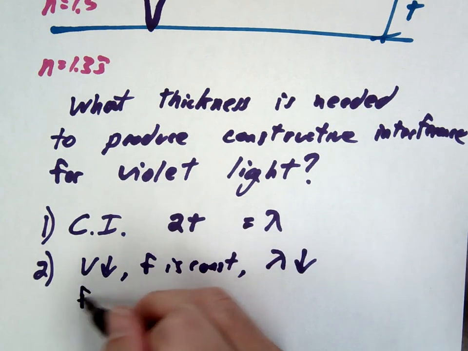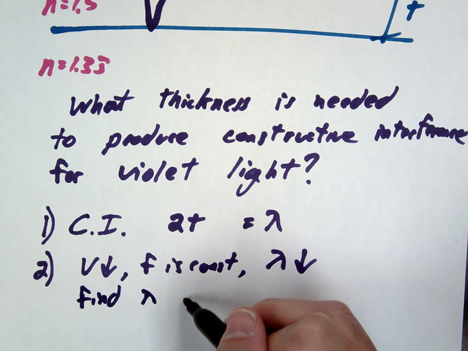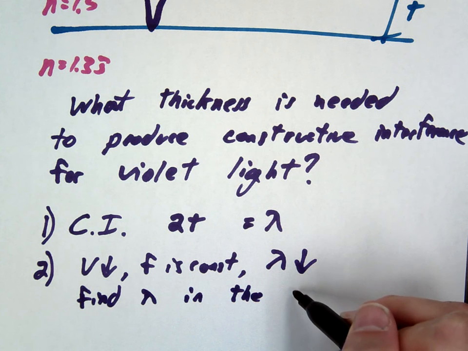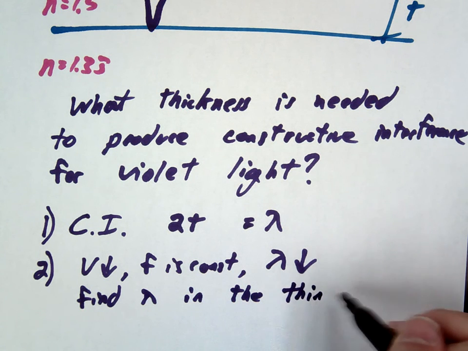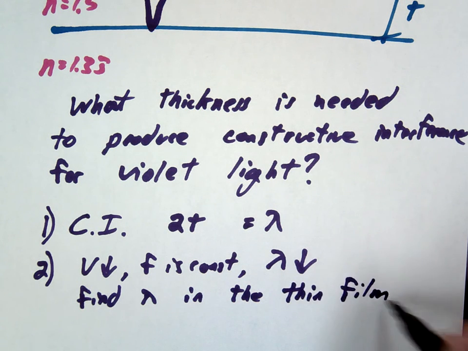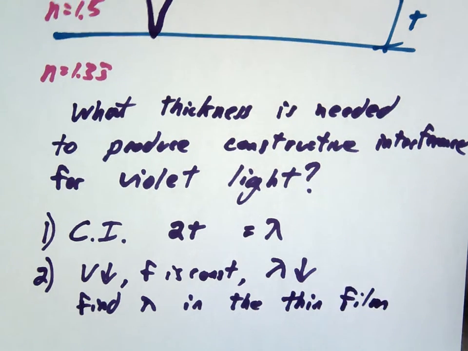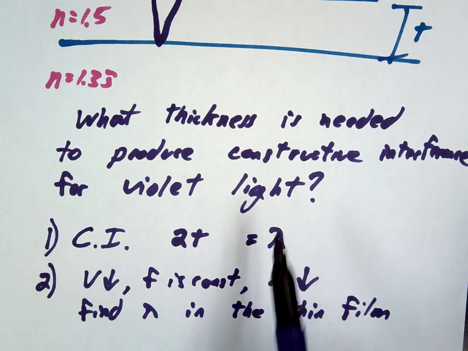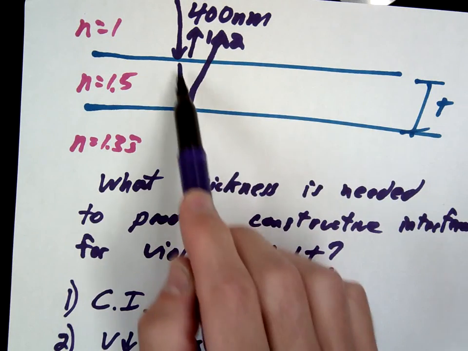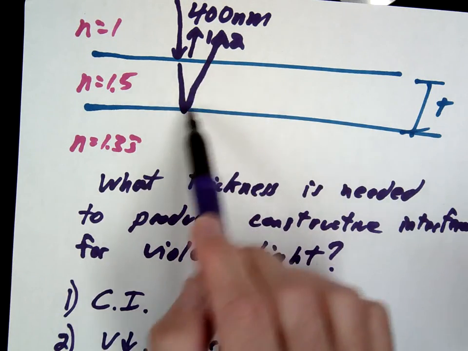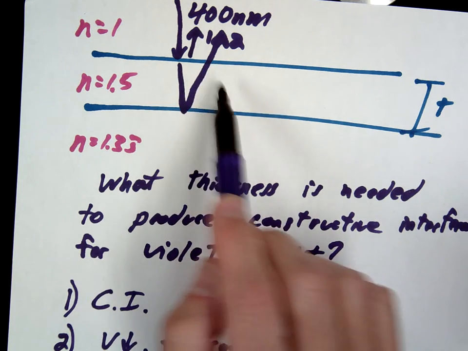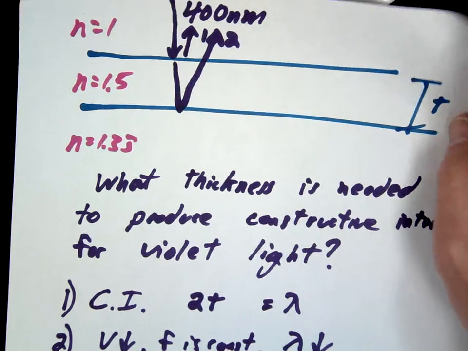Step two is find lambda in the coating or the thin film. So the path difference we're doing is not the path difference when it's in air, because look where the difference is that we're looking at. It's in the coating. So we have to use the wavelength in the coating itself.